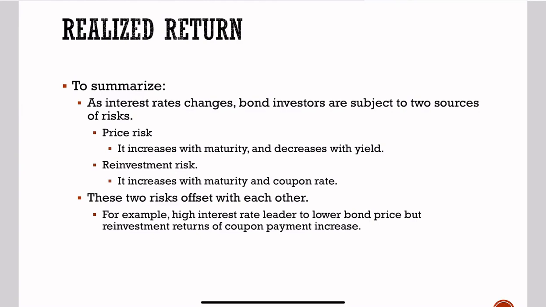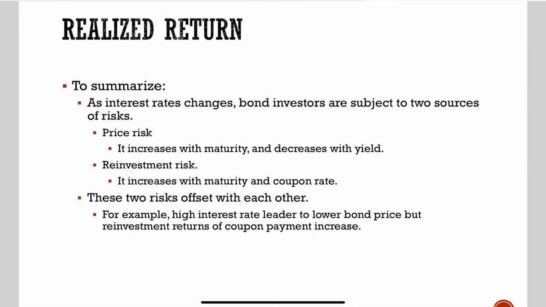It basically means that after getting your coupon payments, you could potentially reinvest your coupon payments at a lower rate compared with the bond yield. And this type of reinvestment risk increases with maturity, and it increases with coupon rate. Now, why does reinvestment risk increase with maturity? This is fairly intuitive.